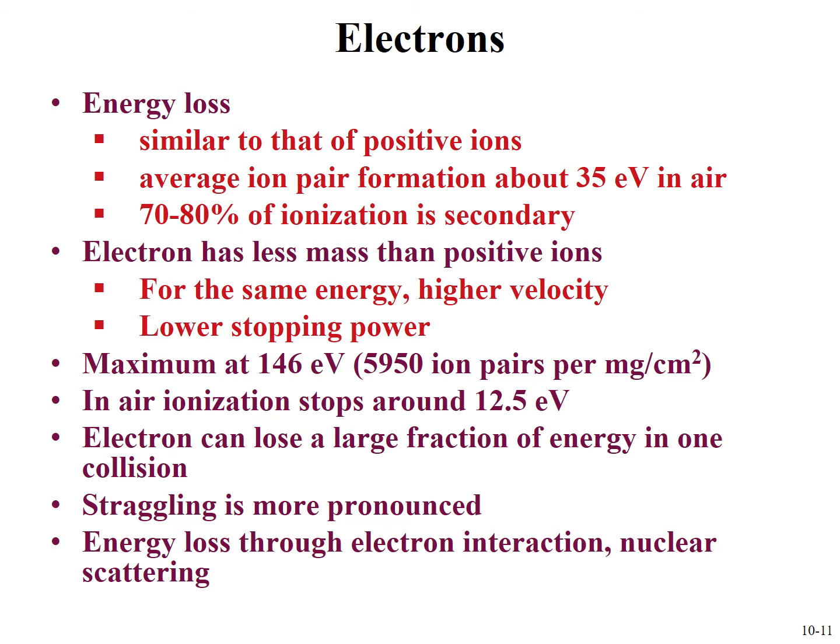Electrons can lose a large fraction of their energy in one collision because of the mass differences. And unlike the charged particles that we looked at before, the protons or alphas, the straggling is much more pronounced. For electrons, their energy loss is going to occur through interactions with electrons or nuclear scattering.